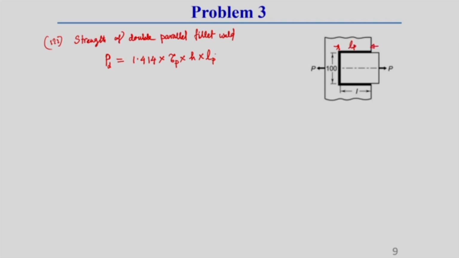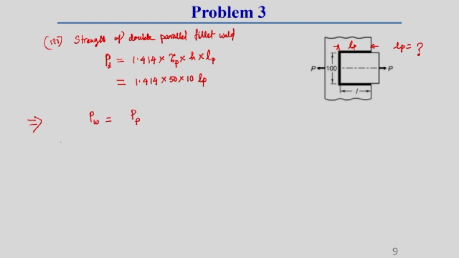Here we have to find out this LP value. From this relationship we get 1.414, tau P is given as 50, and the leg length of this fillet weld is generally the thickness, which is 10. Now, in the first step I have shown that strength of weld should be equal to strength of plate.